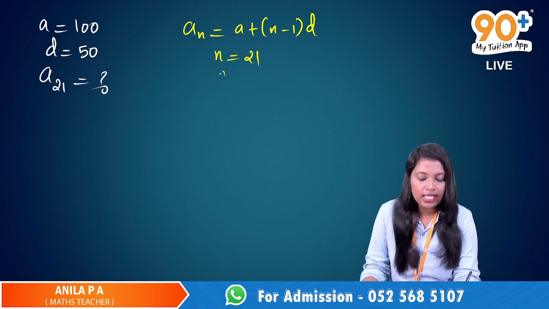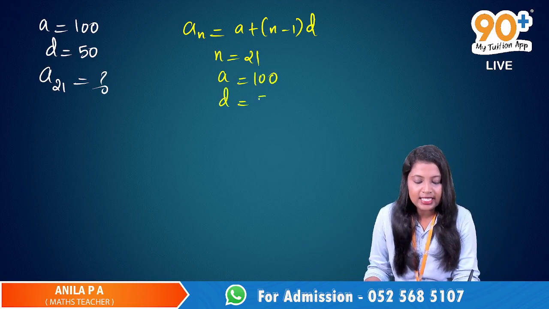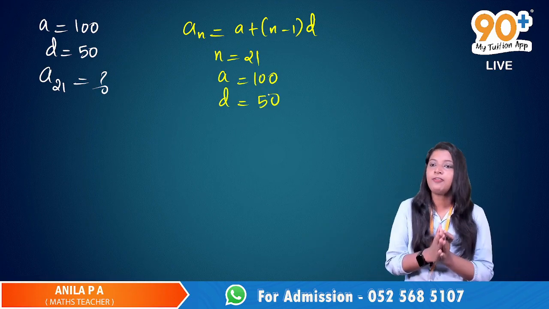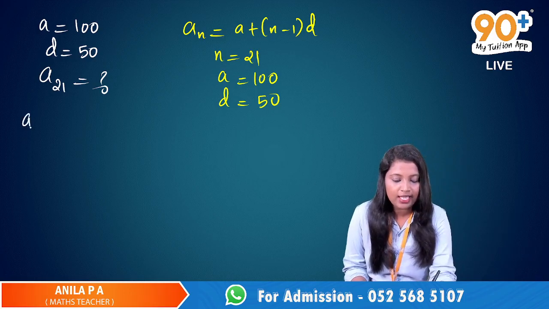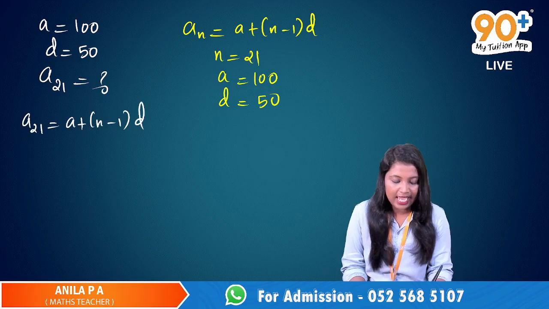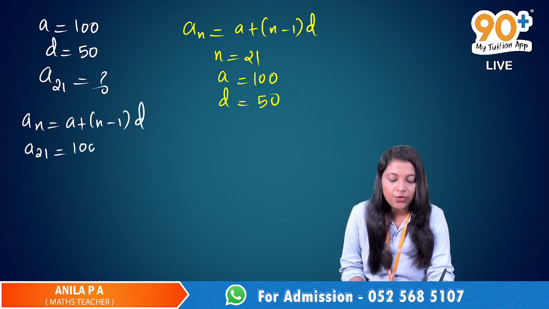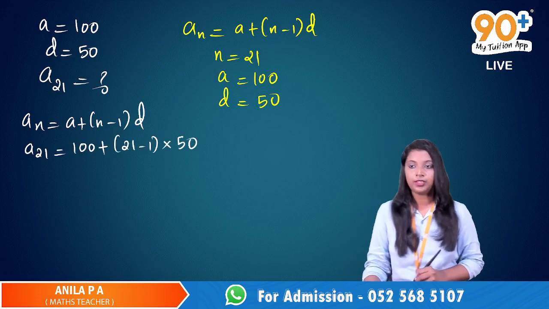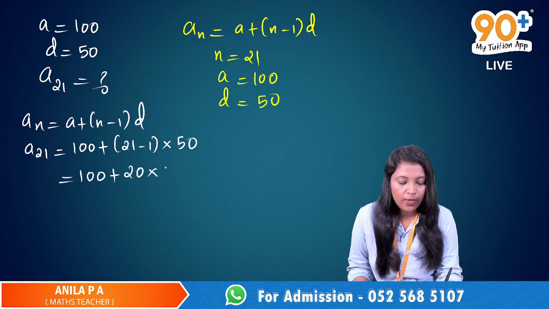Then what is A? It's the first term, 100. Then D is equal to 50. Now can we find A21? Yes, of course. Let me write an first: an is equal to a plus n minus 1 into d. Therefore, A21 is equal to 100 plus 21 minus 1 into 50. So this is 100 plus 20 into 50.